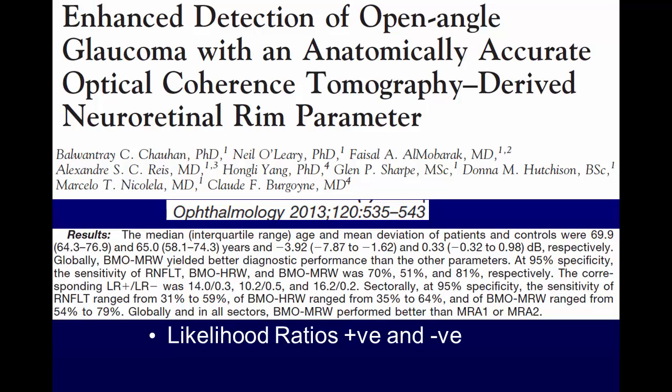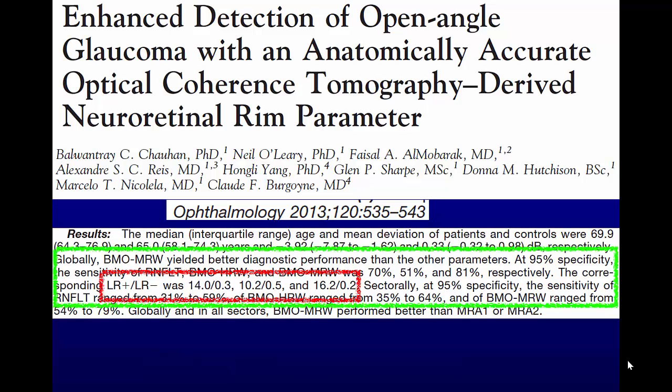So what we need to know is whether a likelihood ratio of 14 with what we currently use, nerve fiber layer, is clinically significantly different from 16 that you achieve with this new parameter, in which case you should use the new parameter, otherwise it doesn't really matter.